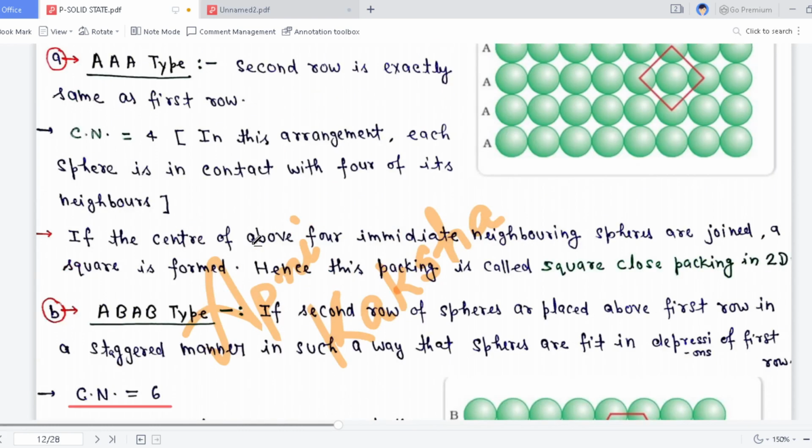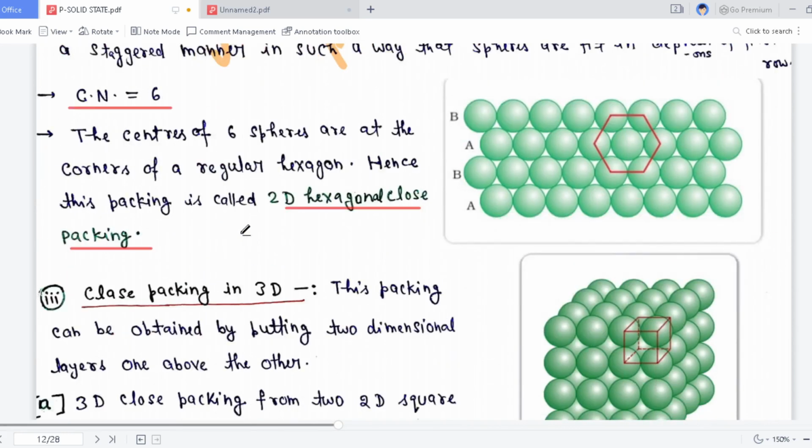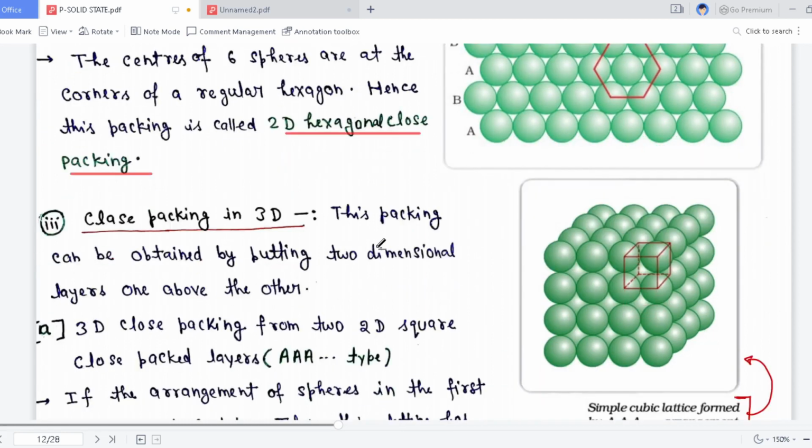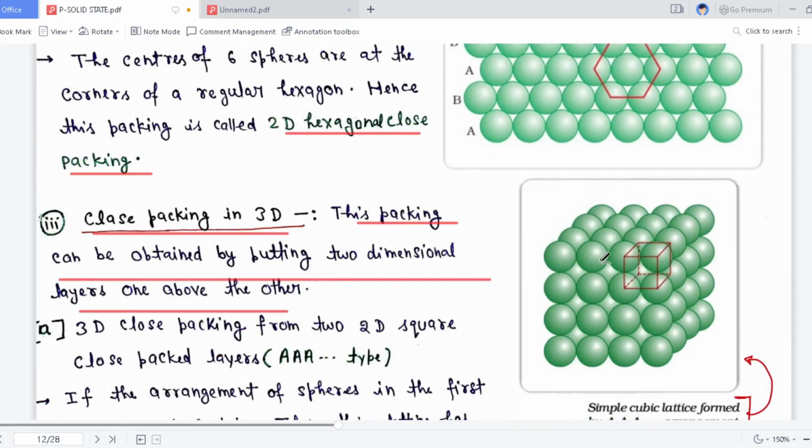So here we are done with close packing in 2 dimensions. Now next we have close packing in 3 dimensions. This packing can be obtained by putting 2-dimensional layers one above another. First of all we will be seeing the AAA type.